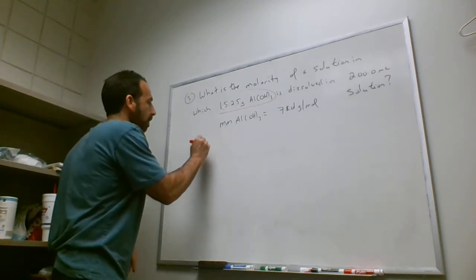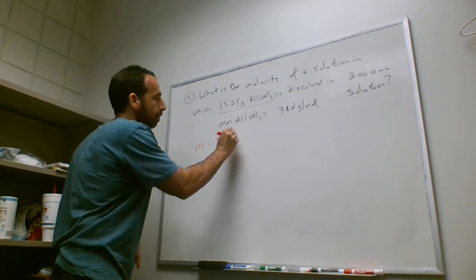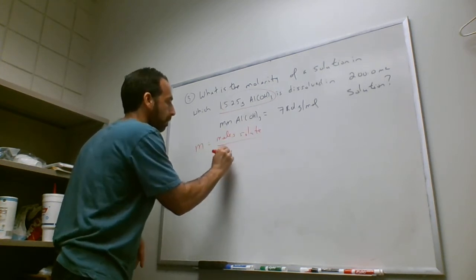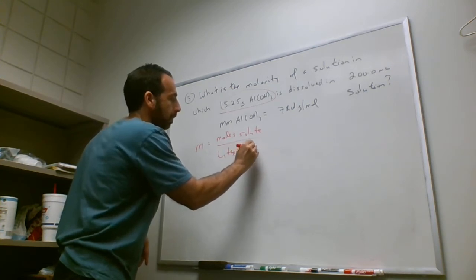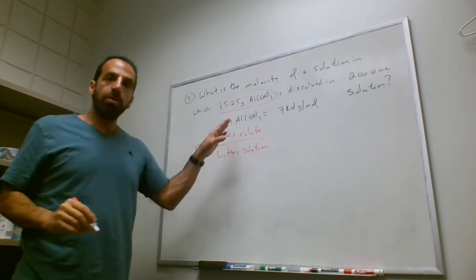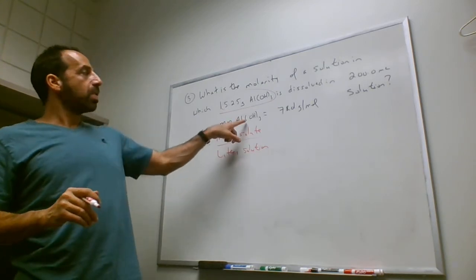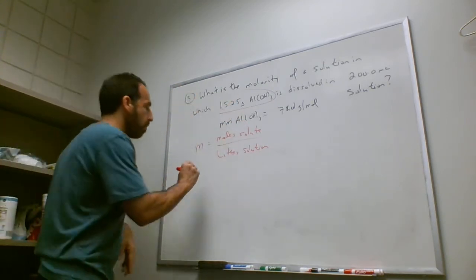Molarity, remember, is moles of solute over liters of solution. So I need to get the moles of aluminum hydroxide. So I have 15.25 grams.